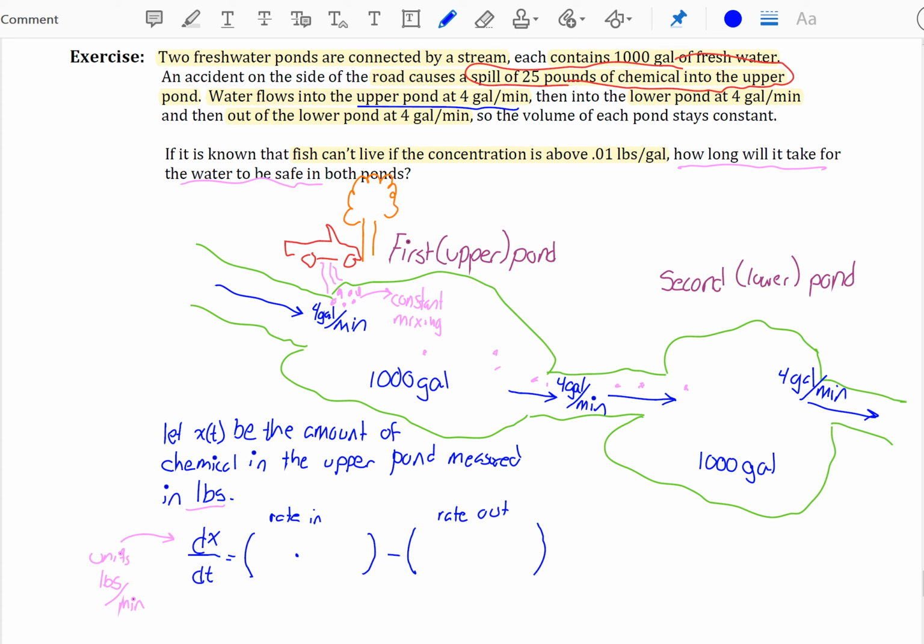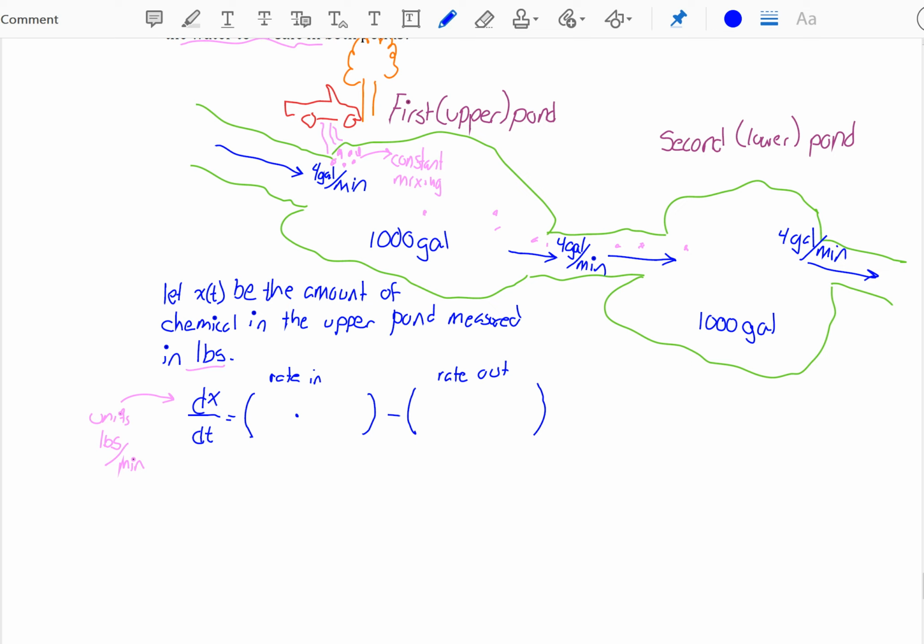The accident caused it. So I'm going to say that there is going to be 0 pounds per gallon flowing in. And the water is flowing in at 4 gallons per minute. If we're keeping track of units, notice that the units of gallons and gallons cancel, so that we will be ending up with units of pounds per minute like we expected.